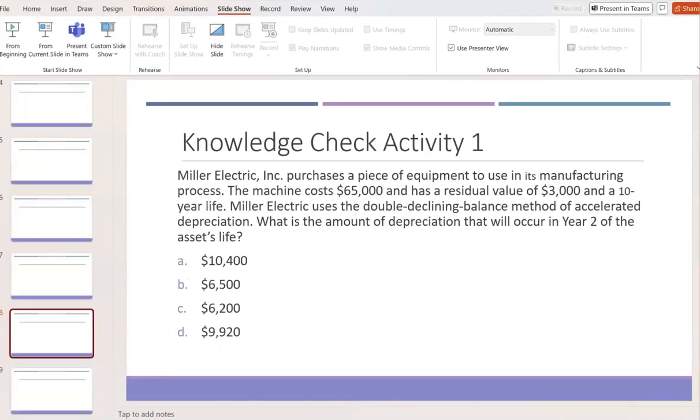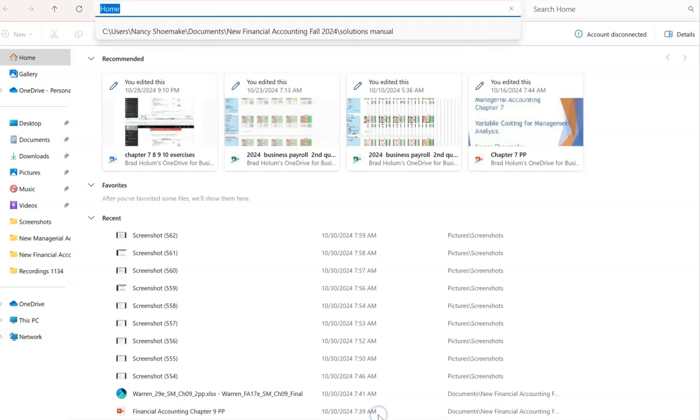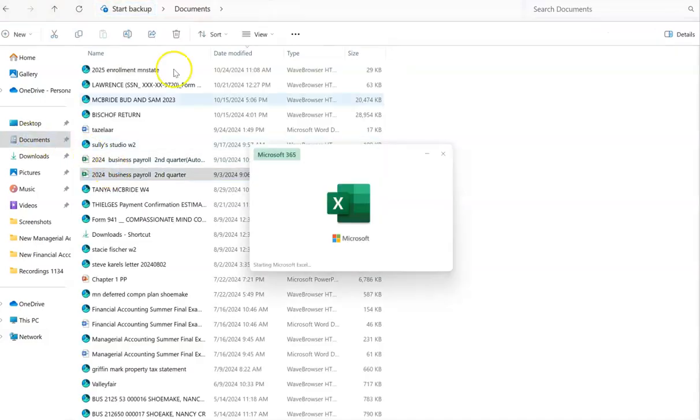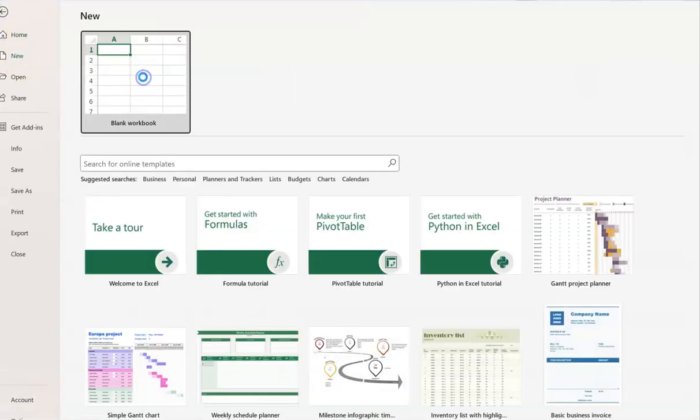Let's go in here and just let me see. Wasn't it 65,000? And 10-year property, wouldn't it be 100 divided by 10?